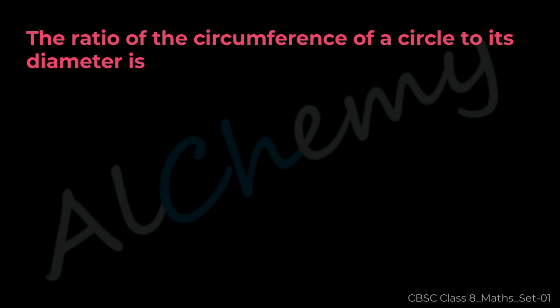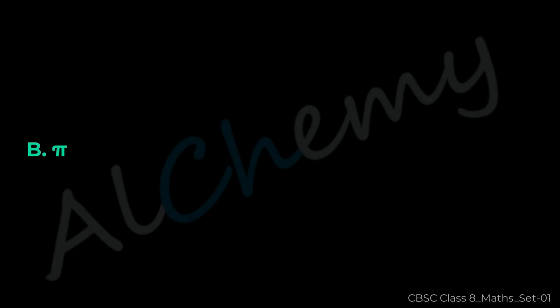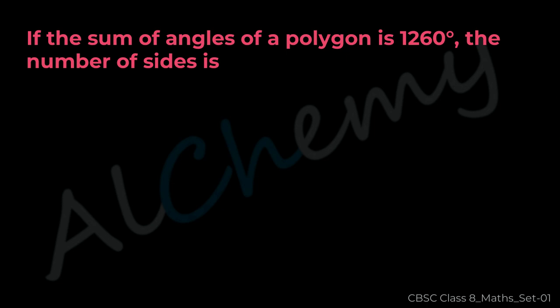Question 30. The ratio of the circumference of a circle to its diameter is. Consider the following expression. Question 31.